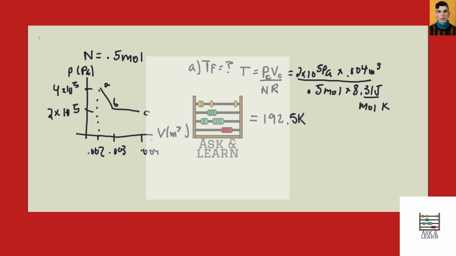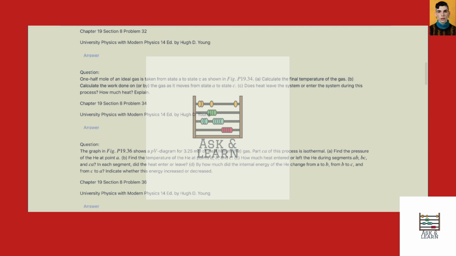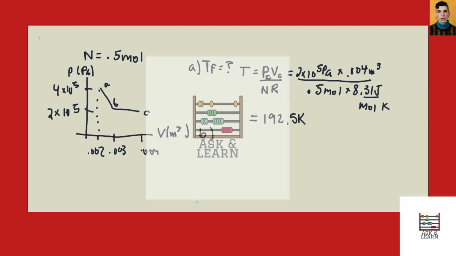Great. And for part B, it asks for the work done on or by the gas as it moves from state A to C. To find the work, you always find the area under the curve of the PV diagram. I'm going to highlight that area, and you can do that by breaking it into a triangle whose length is 0.001 and whose height is 2 times 10 to the 5, and then take the area of that, which is half times those two quantities.